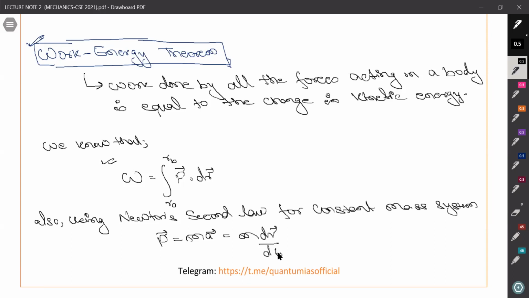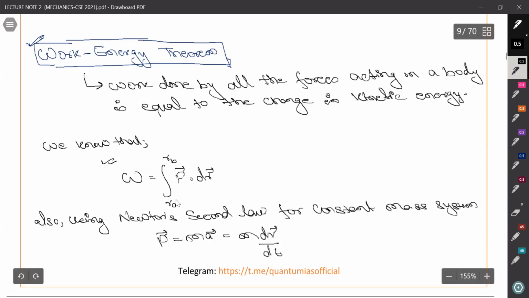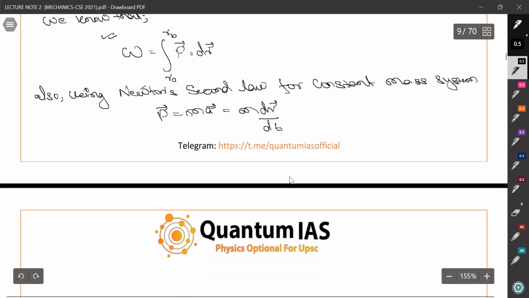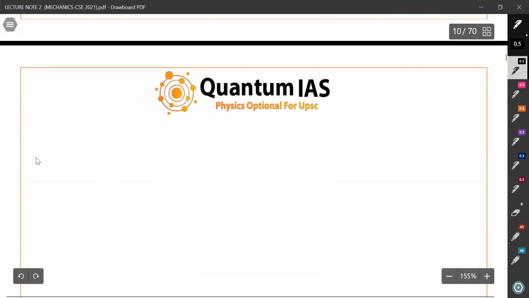Whenever you are deriving the work energy theorem or writing the conservation of energy theorem, you must write Newton's second law's name there. It's very important to write. Suppose the particle starts from point A and moves to point B. It has velocity VA at this point and VB at this point.